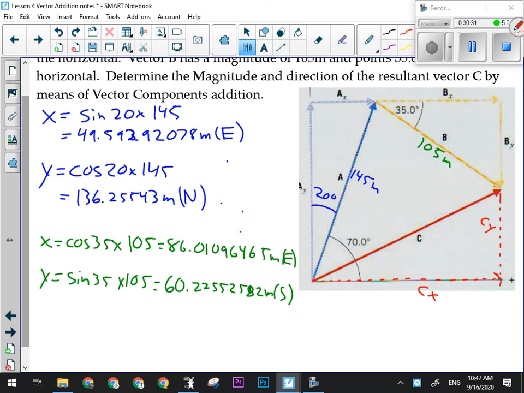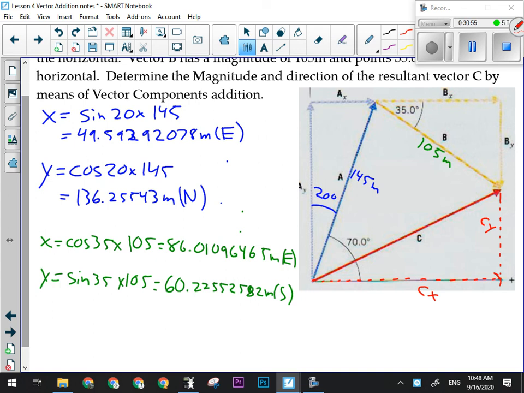Okay, how am I going to find CX? This total here, CX, is the result of me doing this and this, right? AX and BX. So what do I do with those two numbers since I know them? Add them together, okay?